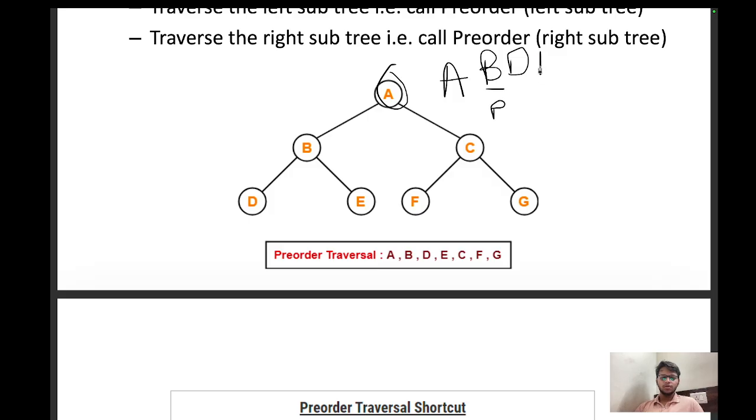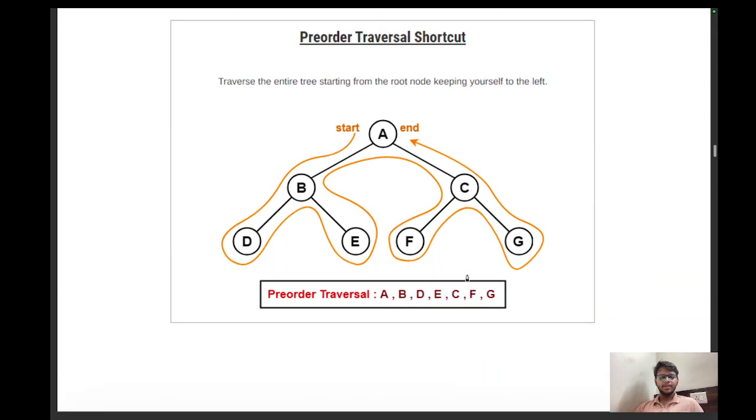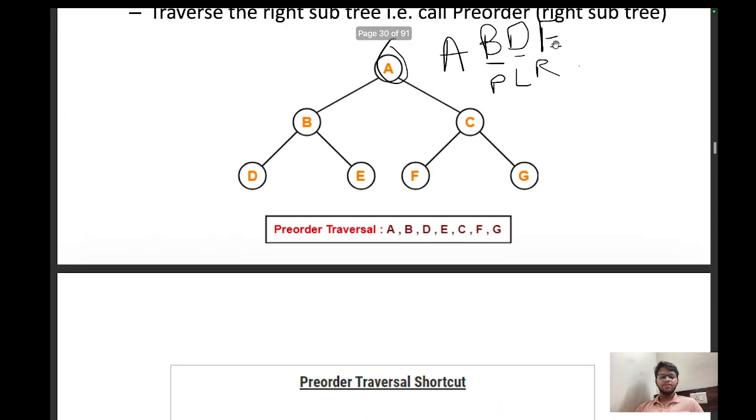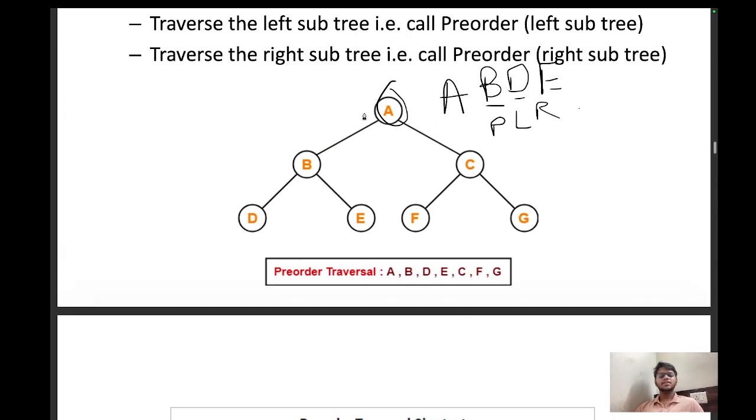So for B, the L and R are D and E. So it is L and it is R. P, L, and R. As you can see, A, B, D, and E, which I have made, and upon completing this, we move towards the right side of the root node, C. So C, and then we have the left child and the right child as well.